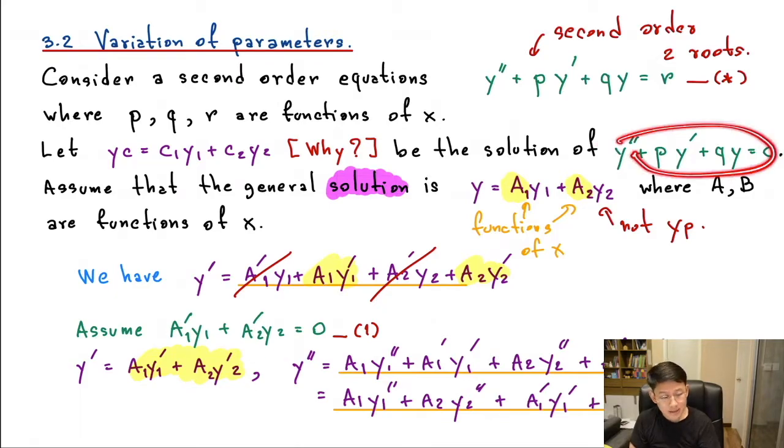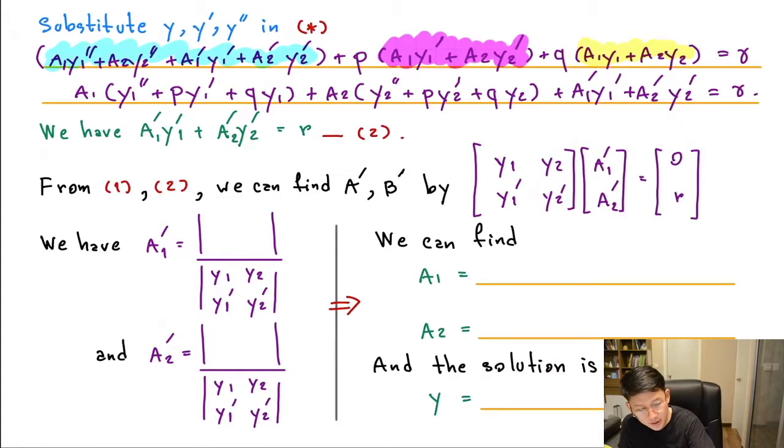It means that this guy is 0 and this guy is 0 as well.